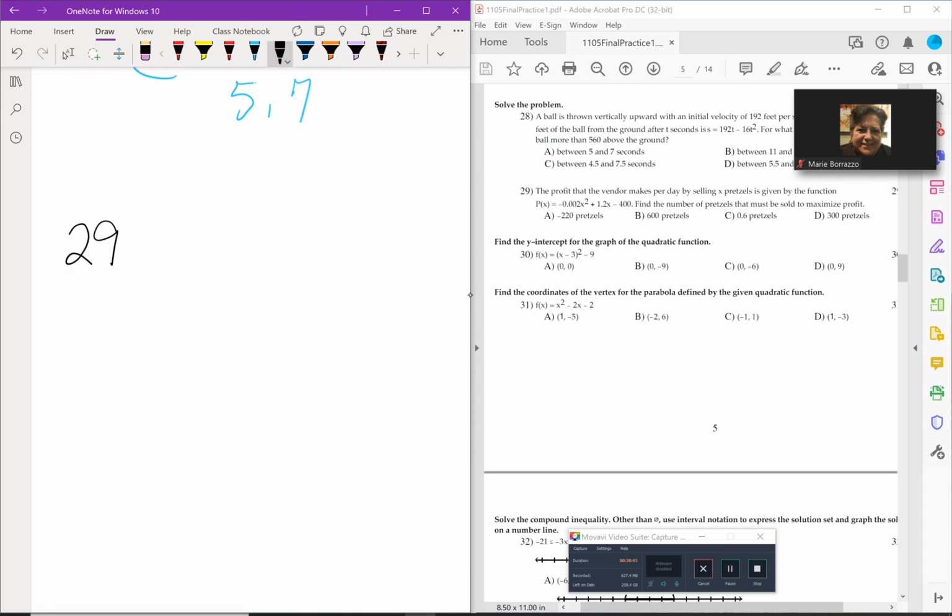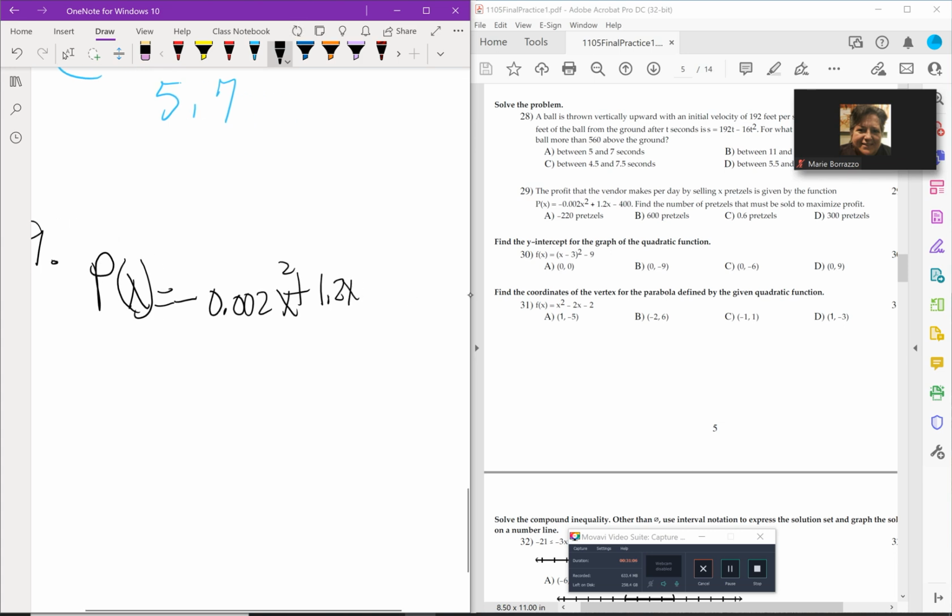So here's number 29. The profit that the vendor makes per day by selling x pretzels is given by the function where the profit function, P of x, is equal to negative 0.002x squared plus 1.2x minus 400.